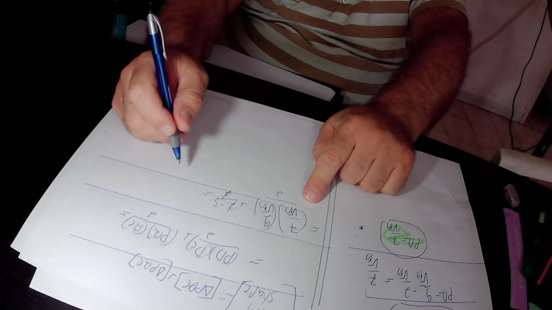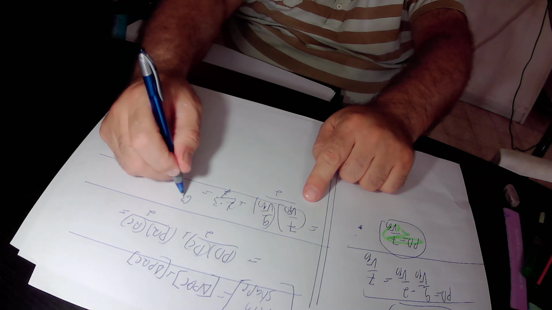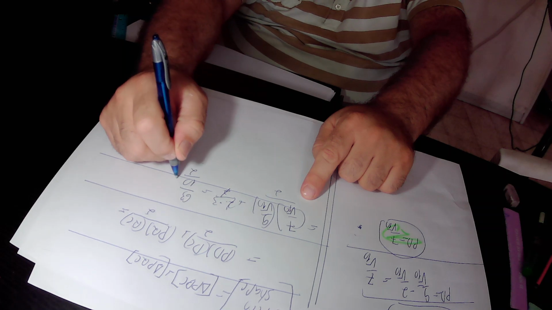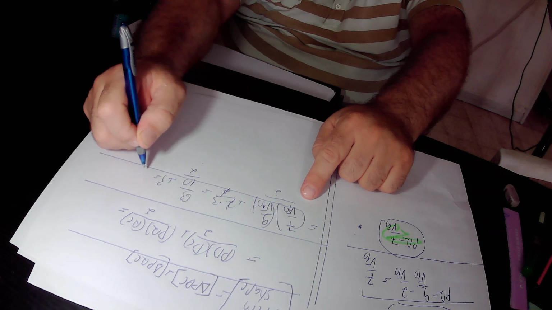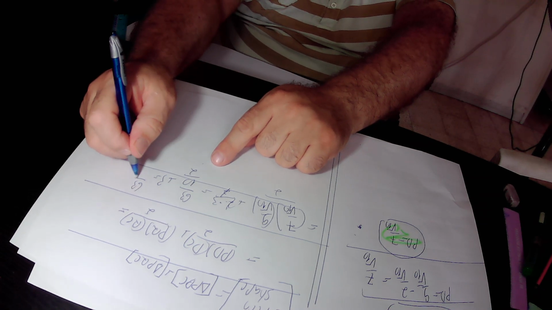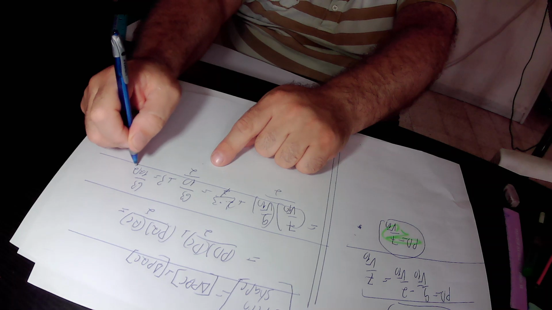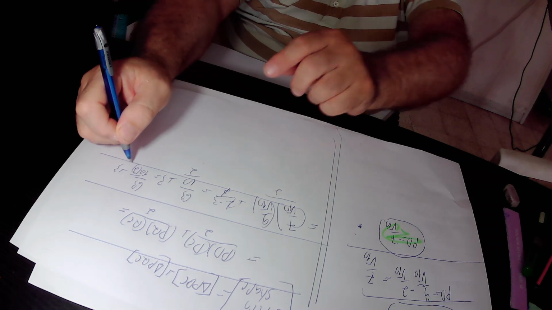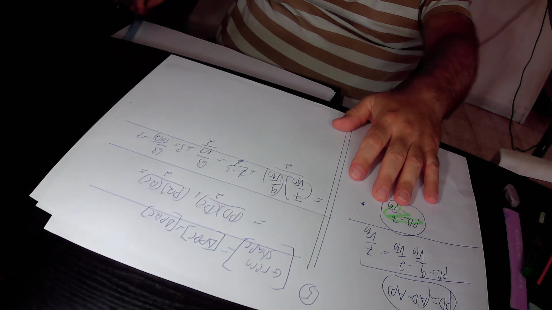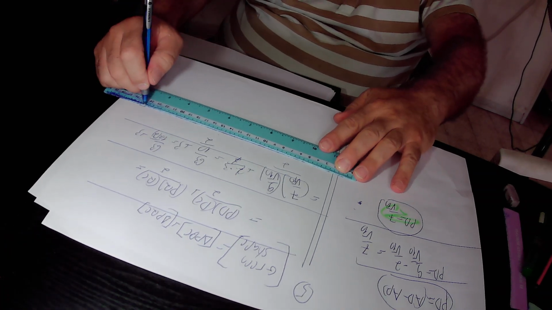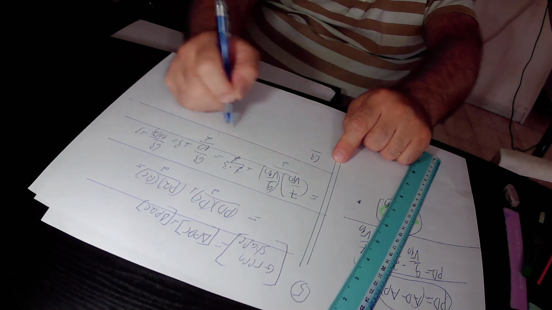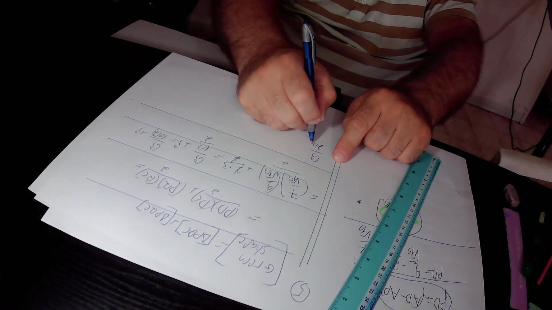We have 7 times 9, which is 63, over square root of 10 times square root of 10, which is 10, over 2, plus 3. 63 over 10 over 2 is 63 over 10 times 2, plus 3. We have here 63 over 20, plus 3.